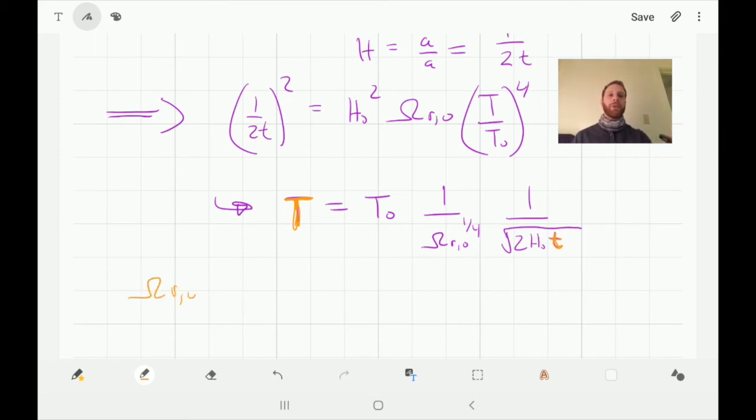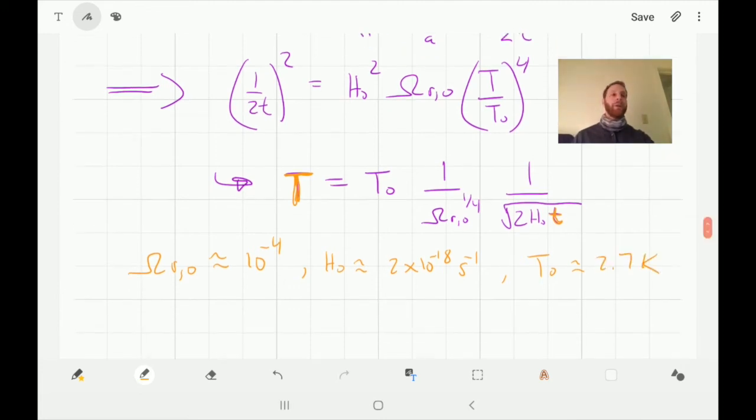The radiation density parameter today is on the order of, let's just get order of magnitude, 10 to the minus 4. You can check that in Ryden. The Hubble parameter today is approximately 2 times 10 to the minus 18 inverse seconds, again order of magnitude. And the temperature today is approximately 2.7 Kelvin, or 3 Kelvin if you want to round it up.